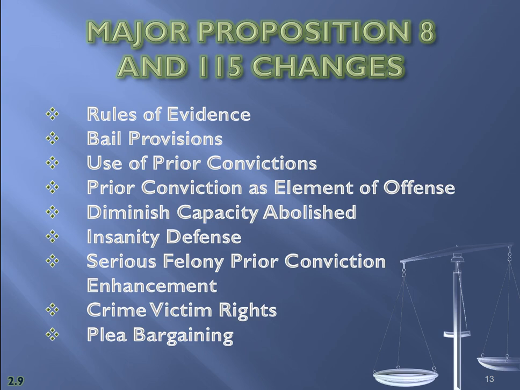They're all important, but among the changes under Proposition 8, diminished capacity was abolished. The defense of diminished capacity was abolished, and for the insanity defense, there were some elements added. So let's take that one as an example.